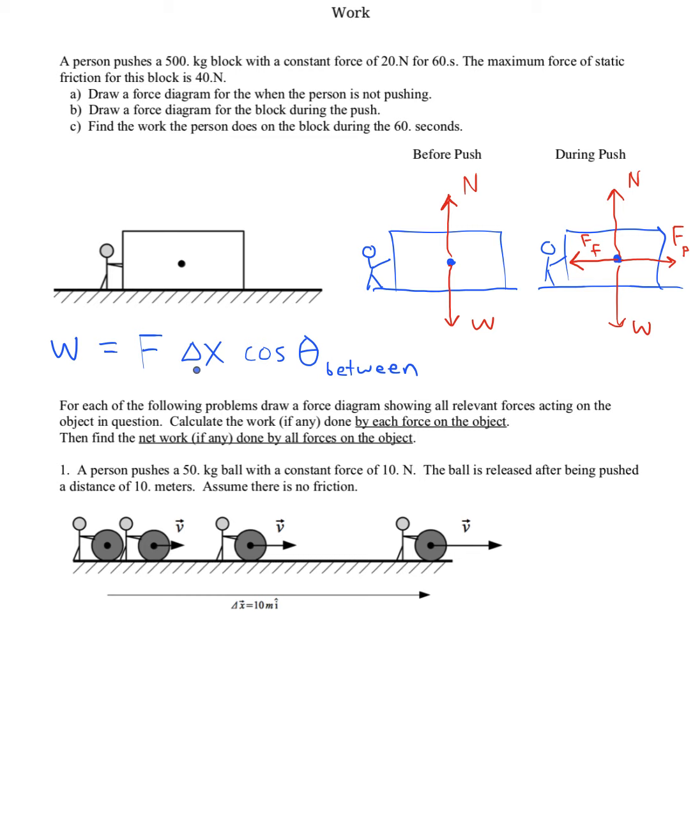And for that reason, the displacement here is going to be 0. And so even though we have a 20 Newton force, since we have a 0 meter displacement, no work gets done here.